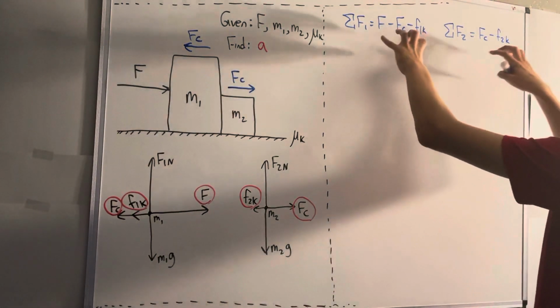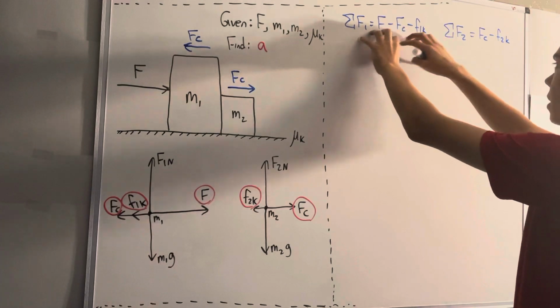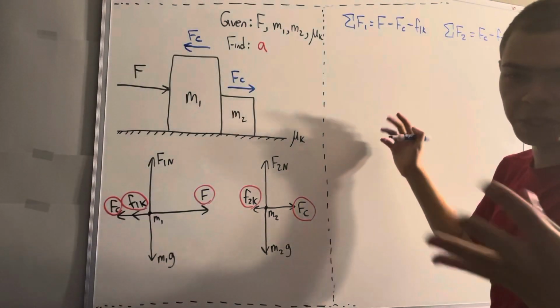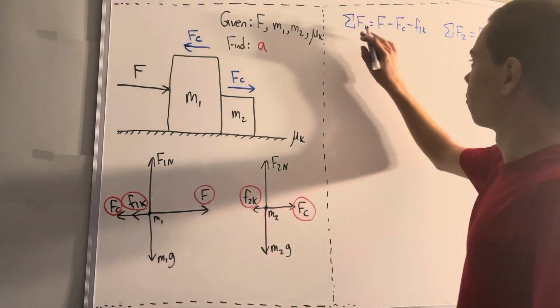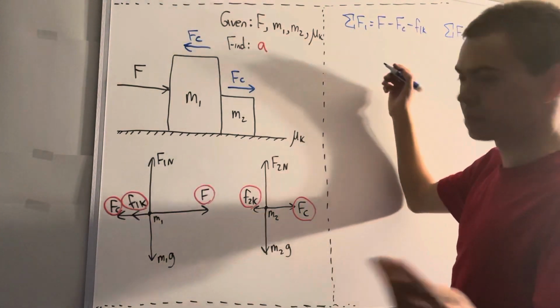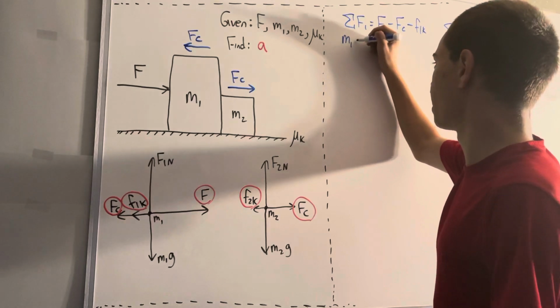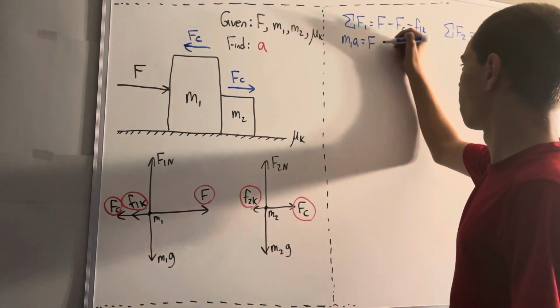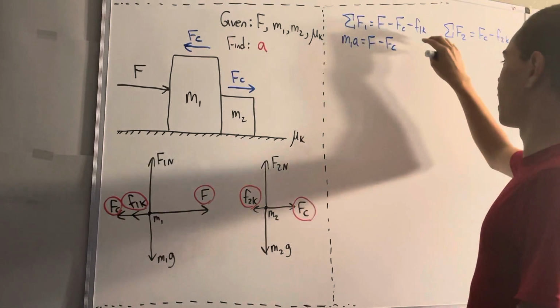Okay, so now we have to continue rewriting our net force equations in terms of as much stuff that we know. We know that net force is just mass times acceleration, so we're going to write this as m1a equal to F minus Fc minus kinetic friction.